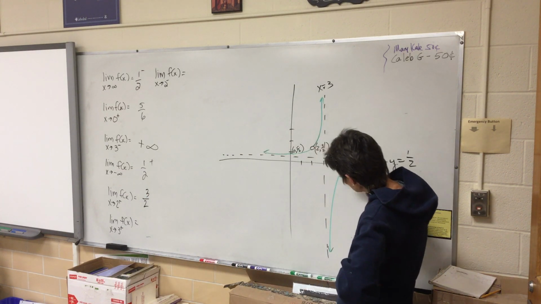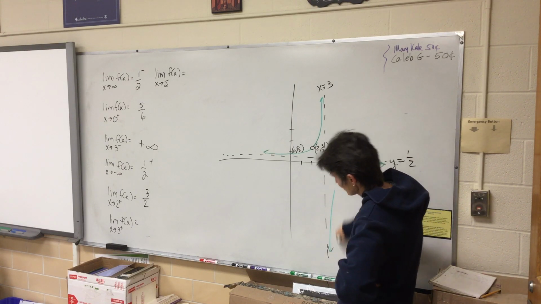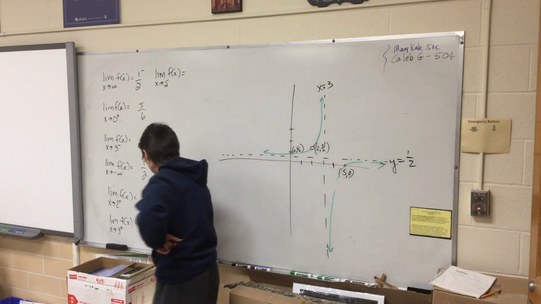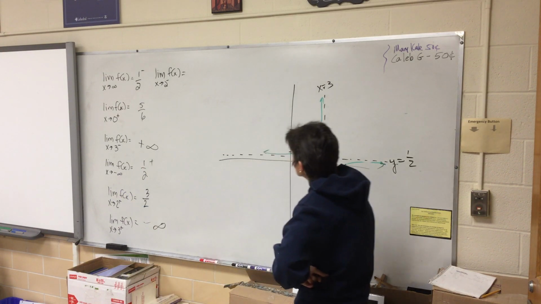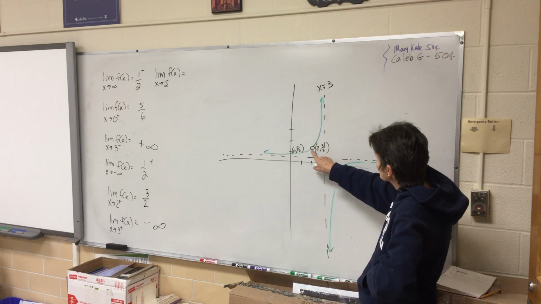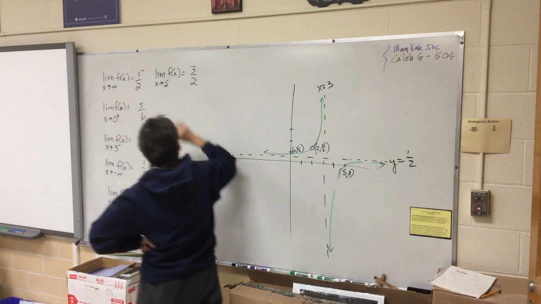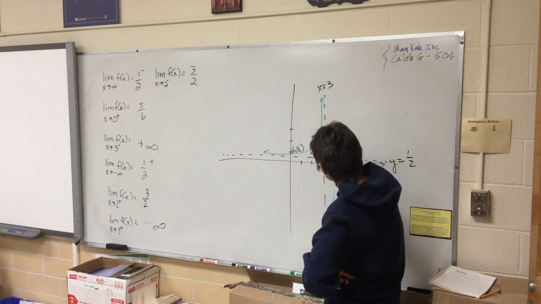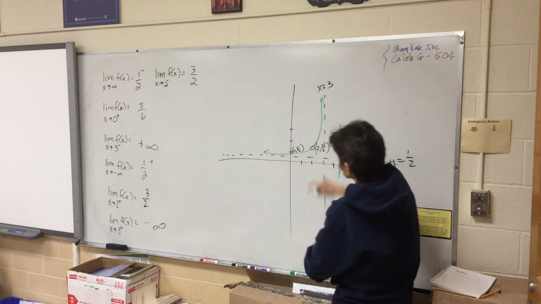So what's happening to my curve? Going down. Yep, it is. And then finally we're approaching 2 again. 2 is a point. So the limit's going to be 3/2 no matter which side you're coming from. You're coming right into that point, so it's 3/2.